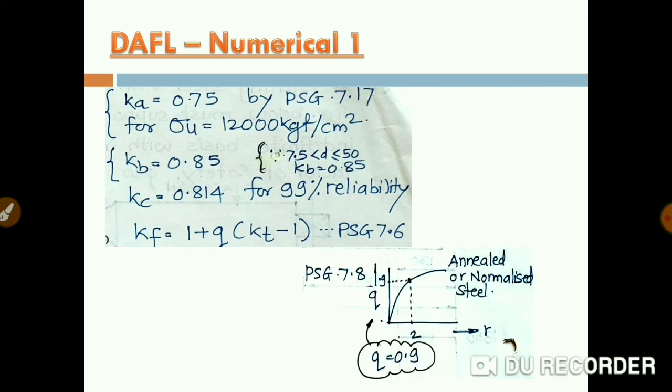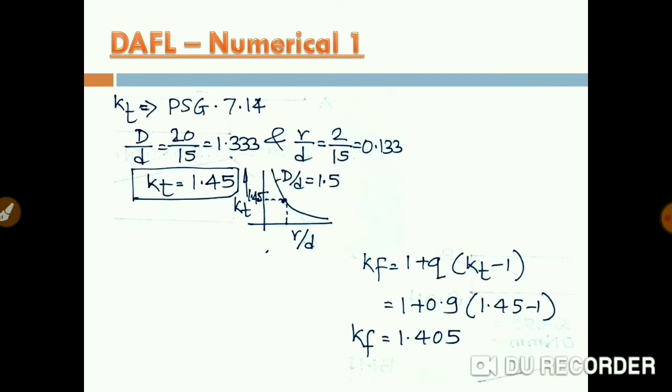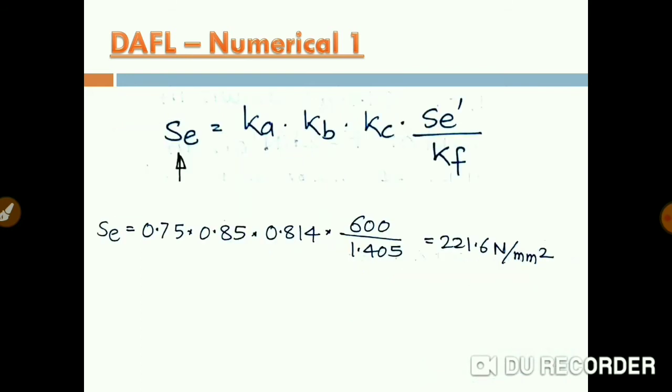Kt can be obtained by referring to PSG 7.14, where D by d is 20 by 15, which is 1.33, and fillet radius by the step diameter is 2 by 15, equal to 0.133. So Kt from the graph comes out to be 1.45. By putting the values of q and Kt in the formula, we obtain Kf, which is 1.405. So you have all the values Ka, Kb, Kc and Kf.